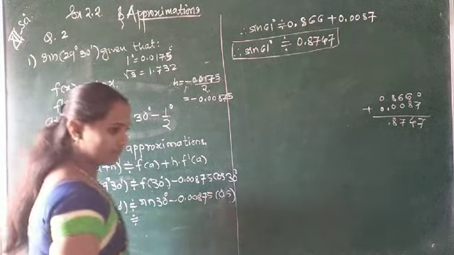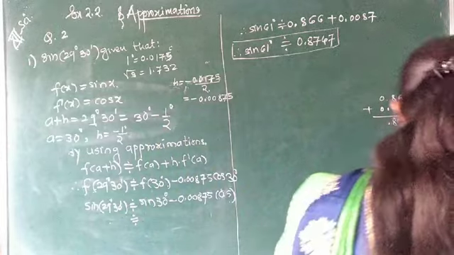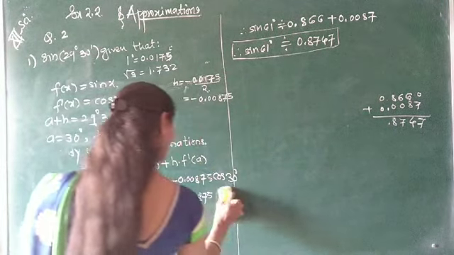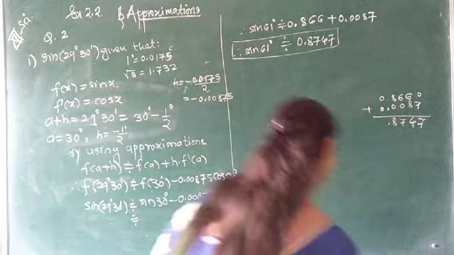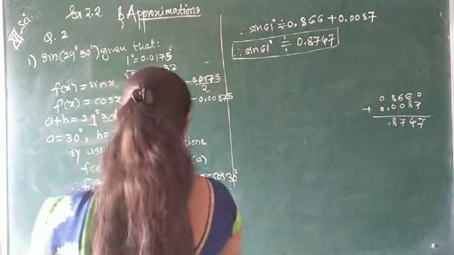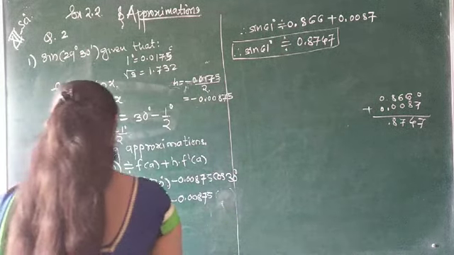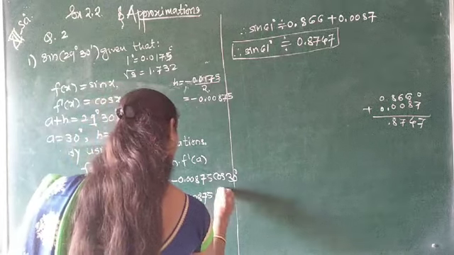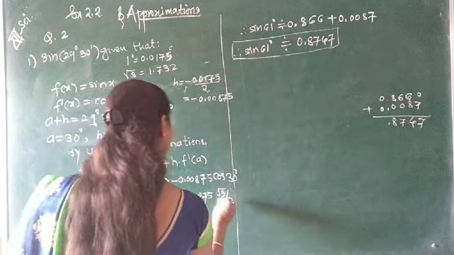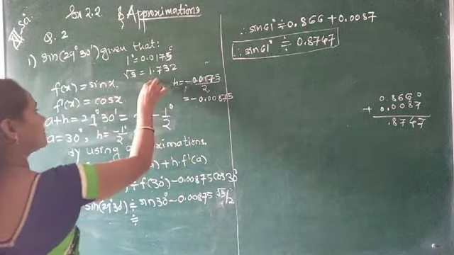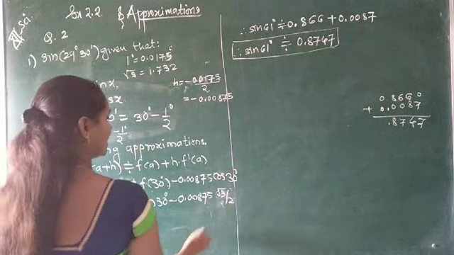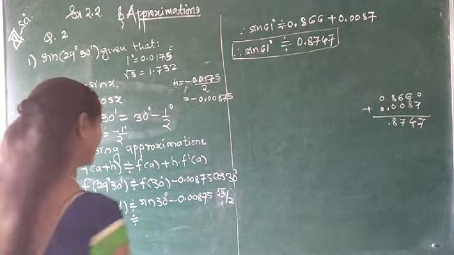Cos 30 degree is root 3 by 2. And we know the value of root 3 is 1.732, divided by 2, then it is 0.866.